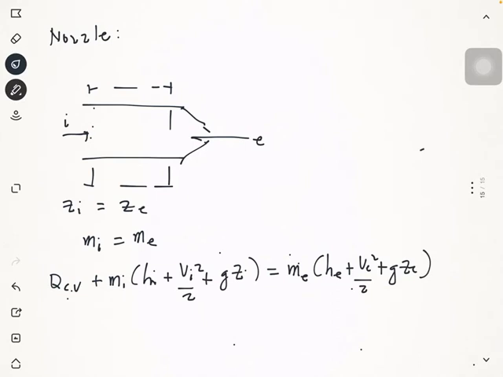For a nozzle, it is adiabatic, meaning Q_CV is equal to 0.